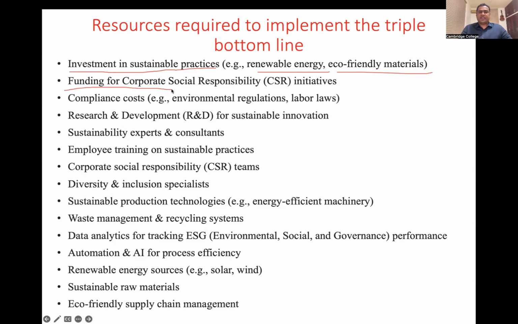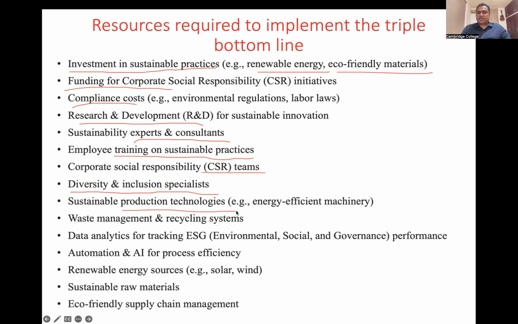Funding for CSR activities. You need to allocate a budget. Compliance costs for regulations. R&D costs. You need to sometimes hire experts and consultants. You need to train and develop your staff for sustainable practices. CSR teams. Diversity and inclusion specialists.